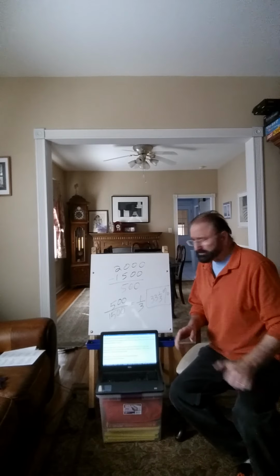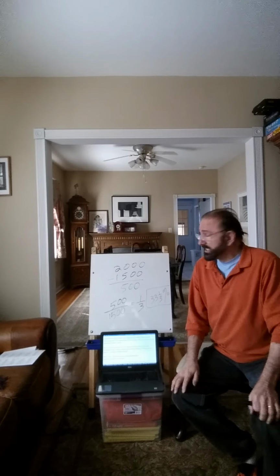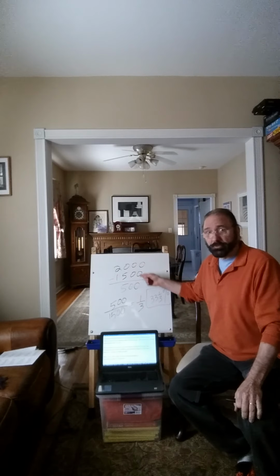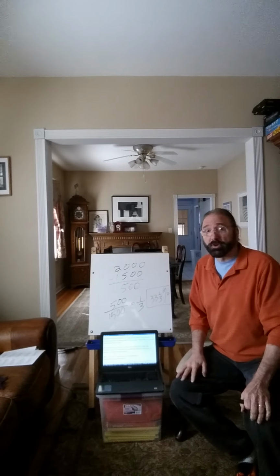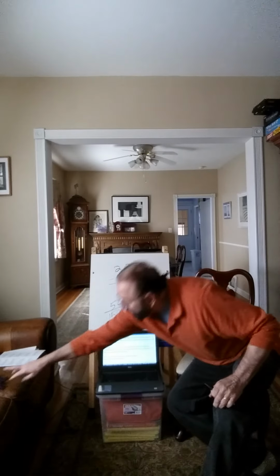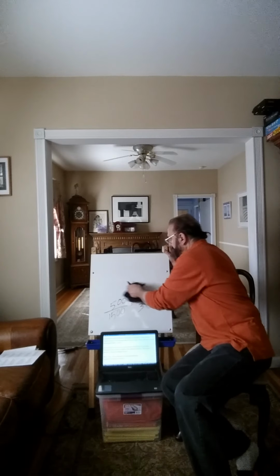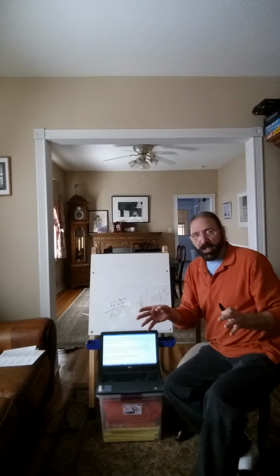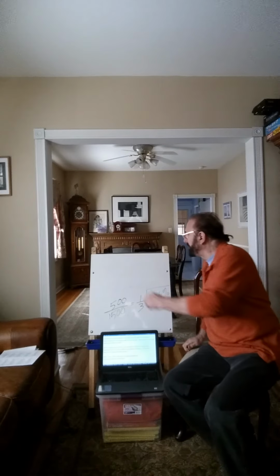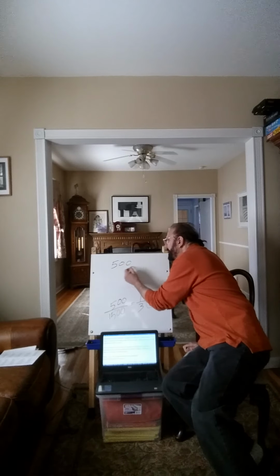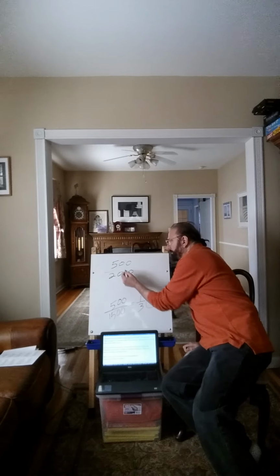Now, what really blows people's minds is, what if it went from 2,000 to 1,500? What if there was a reduction, a decrease? Let's look at that. We're still getting 500, but because we're going from 2,000 to 1,500, now we put the 500 over the 2,000.